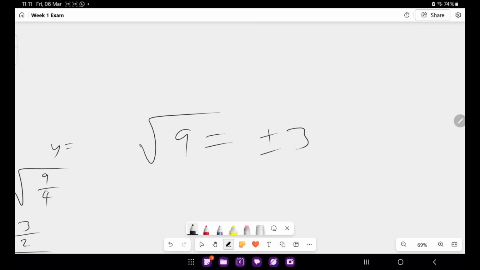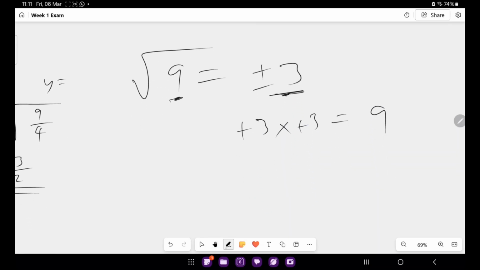So this means that if we say plus 3 times plus 3, we get 9. So the answer that you get when you apply the square root, if you multiply it by itself, you should get this number. So if we did plus 3 times plus 3, we got 9, minus 3 times minus 3, the negative times the negative, then we get positive 9 as well.